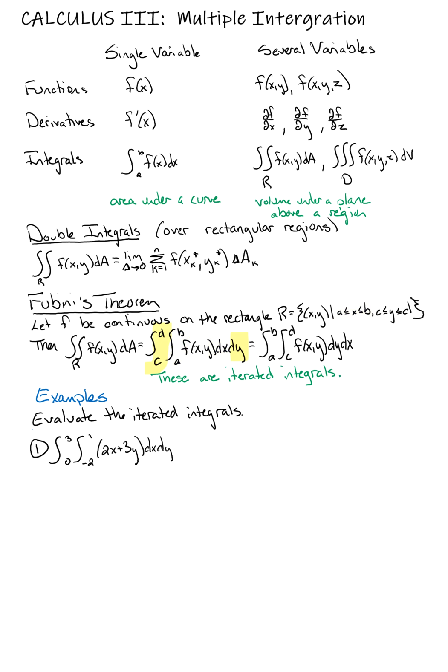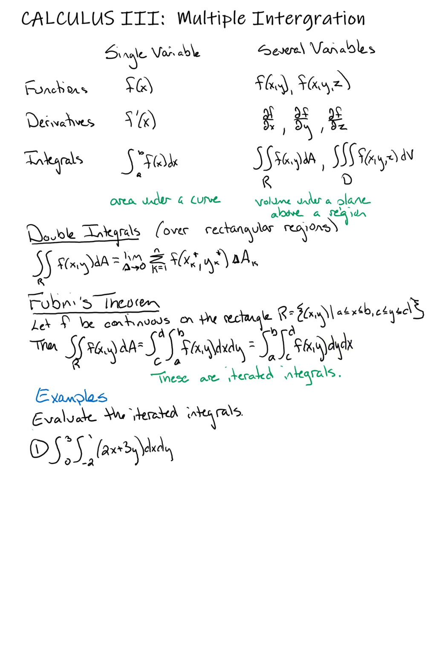Now we can turn those around and integrate with respect to y and then with respect to x, whichever one works out the easiest. These are referred to as iterated integrals, where we work one integral and then iterate it by following up with another.